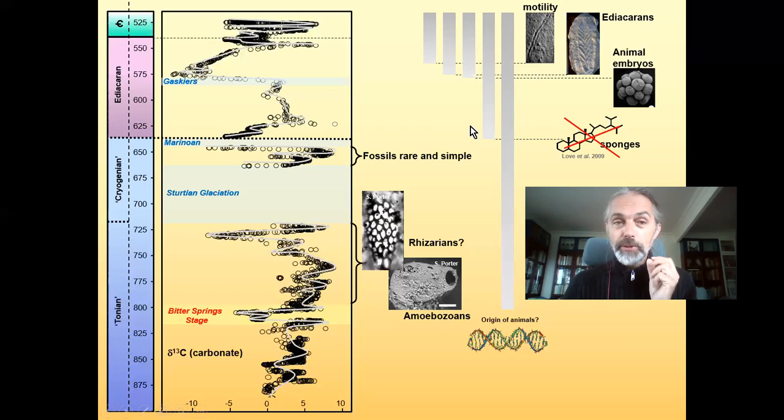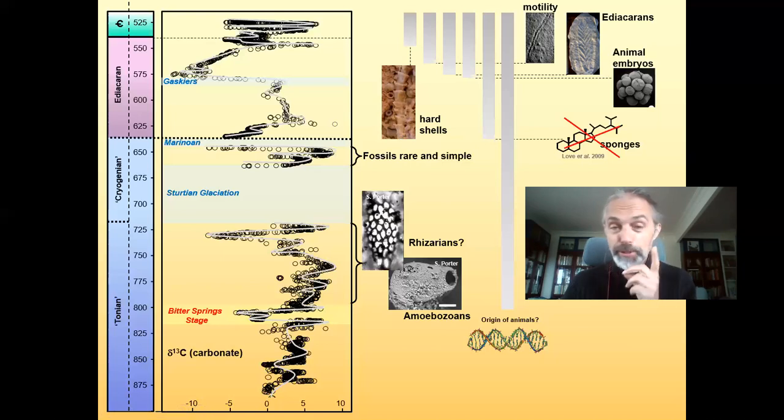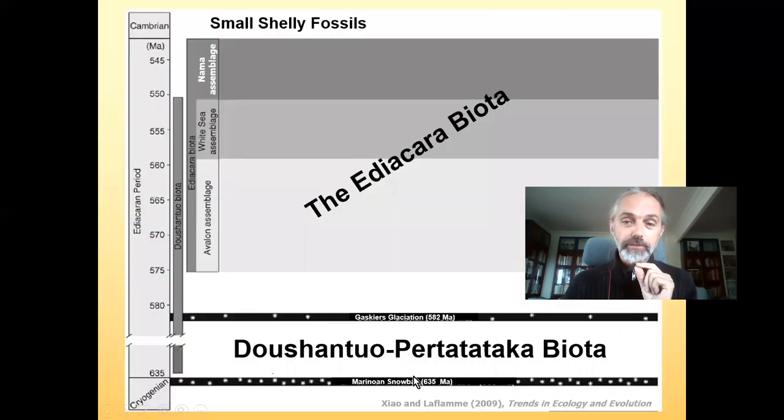And that is followed by another milestone. Just before the Precambrian-Cambrian boundary, we have the first things making hard shells, clearly protecting themselves against something. I will show you another slide that summarizes the keystones of the evolution in this period of time.